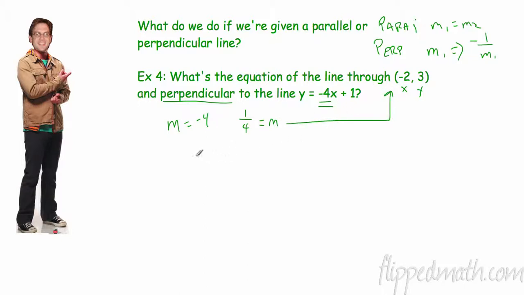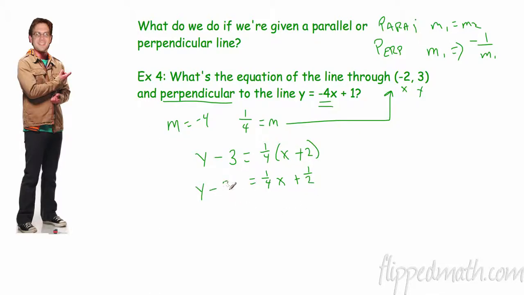I'm going to use that new form: y minus my y coordinate, 3, equals my slope, 1/4, times x minus my x coordinate, the opposite, -2, so I'm going to add 2 here. Alright, I need to distribute this, so that's 1/4 x. 1/4 times 2 is 1/2.